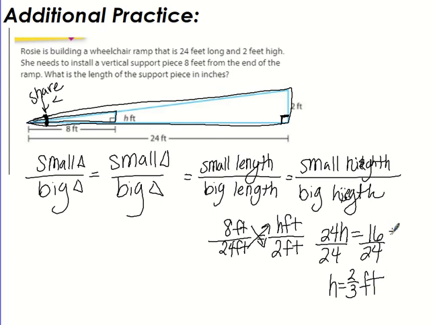I divided both of these by 8, just reducing it. If you used a calculator and actually divided, you got 0.6 repeating, which makes it a little difficult to measure in real life. I can measure 2/3 of a foot, but it's going to be really hard for me to measure 0.6 repeating of a foot. So that's why leaving it as a fraction would probably be best.